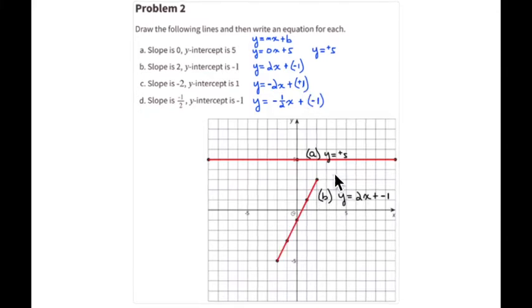The next one, y is equal to 2x plus negative 1. So the slope is 2. The y-intercept is negative 1. So go to negative 1 and use a slope of 2 to identify other points on the line. The slope of 2 means it's 2 units in the vertical direction and 1 unit in the horizontal direction.